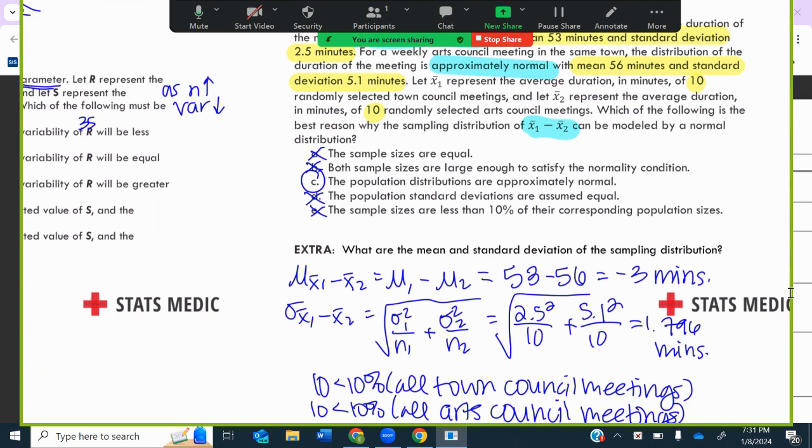Now the last thing I want to mention is that this negative mean, that's okay. Remember, it just means that arts council meetings are an average of 3 minutes longer than the town meeting, since we did town minus art. So you don't have to write that down. I just like to know why the distribution is negative, because the town was less than the arts.